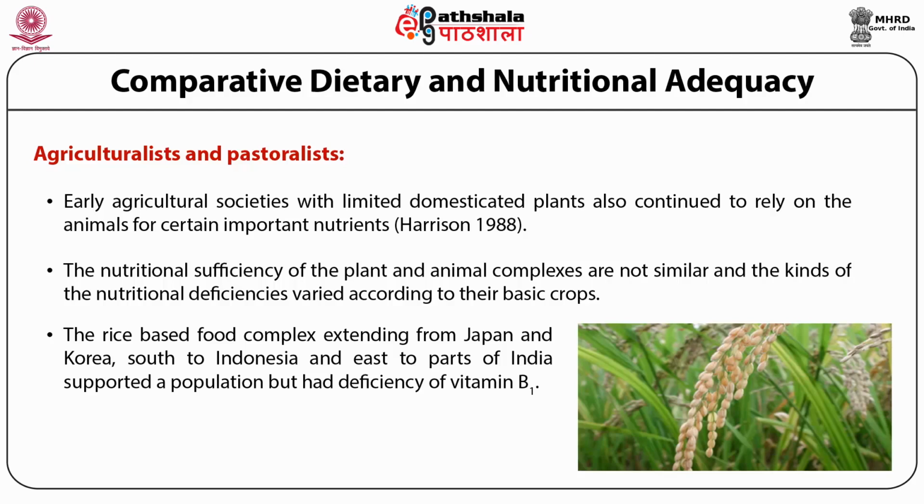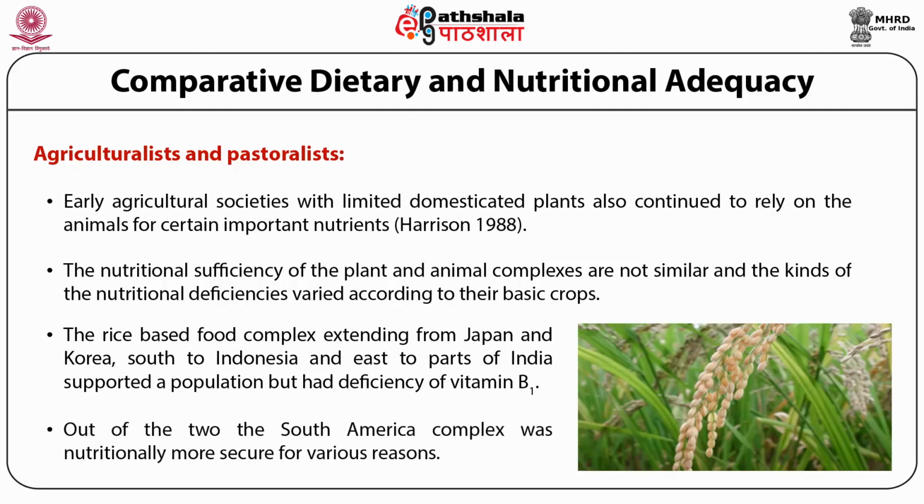In America, the potato-based diet of highland South America and the maize-based diet of Mesoamerica supported almost 90% of the hemisphere's population. Of the two, the South American complex was nutritionally more secure for various reasons.